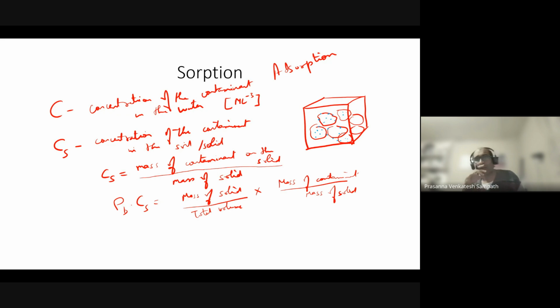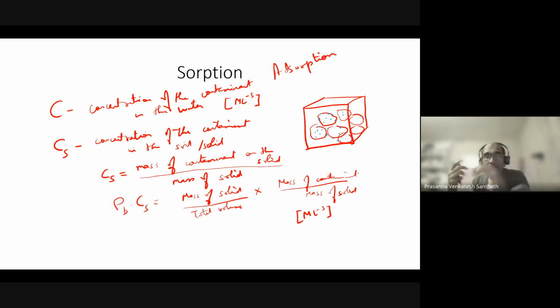So if I do that, then there's mass of solid in the numerator and denominator, they get cancelled out. So you get the mass of contaminant divided by the total volume. So now this will have dimensions of ML^-3. So rho B into CS is something that I can use directly along with C, right?